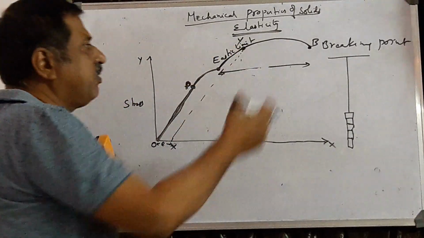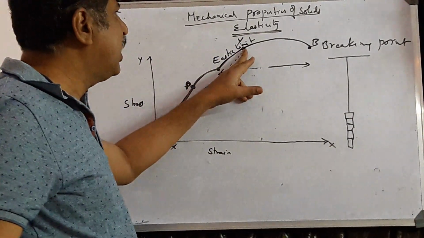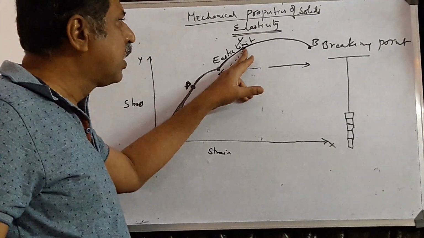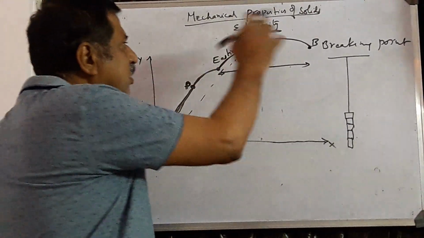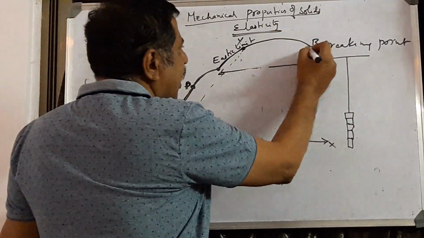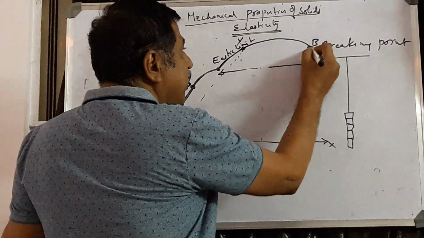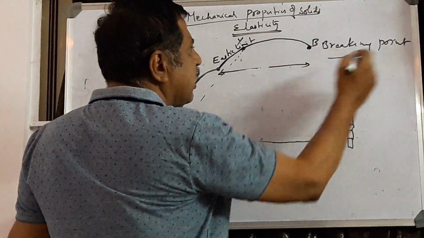Further, if you increase the load, what happens? At this point Y, the yielding of the wire starts, and that is known as the yield point. Further, sometimes without increase in load, it breaks at B. The point B is known as the breaking point.